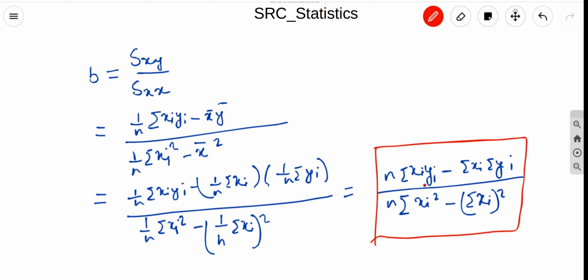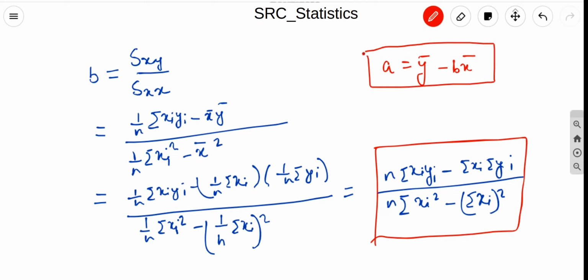So this formula we can use to find the value of b. From the given data we can find summation xi yi, summation xi, summation yi, and summation xi square, and then we can find the value of b. After we find b, we can put the value of b in the equation y bar minus b x bar to find the value of a.